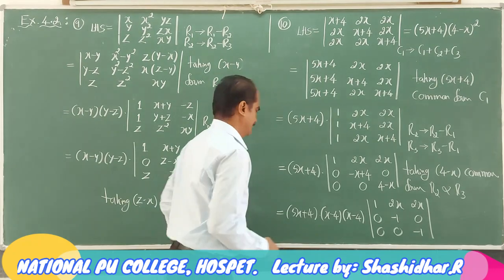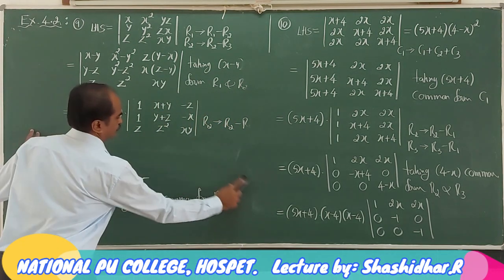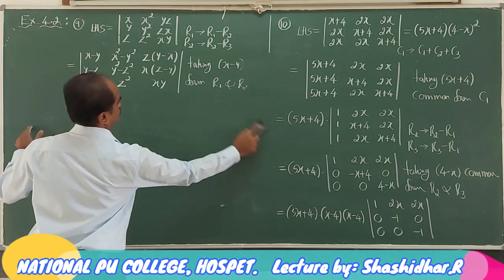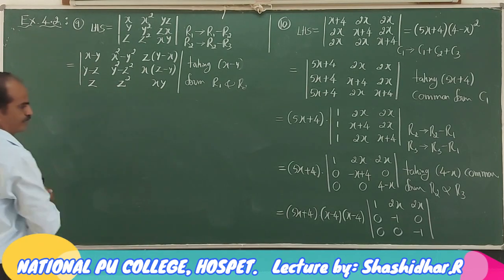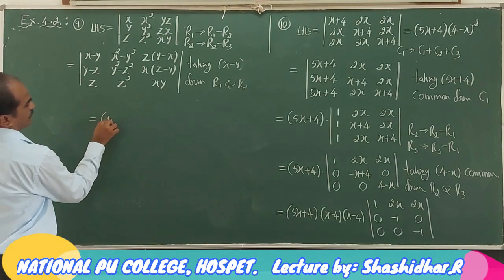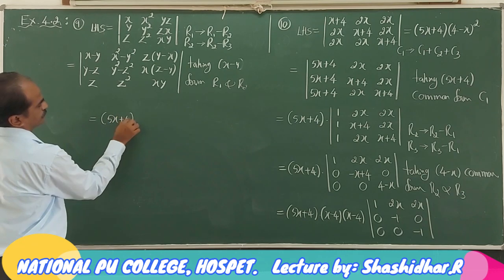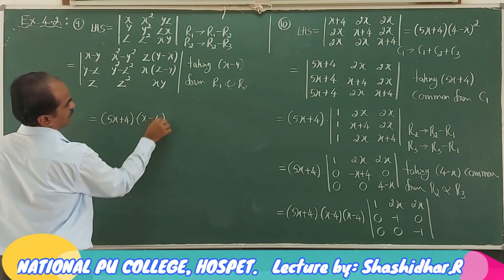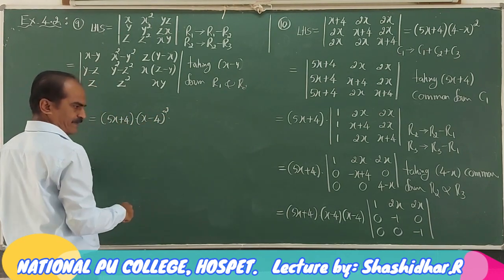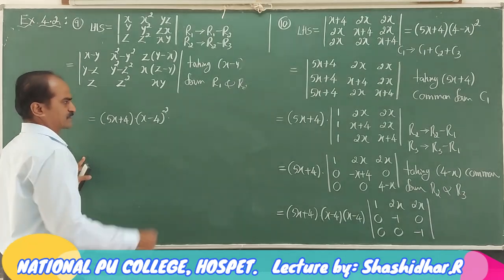So now in the next step, it is 5x plus 4 into x minus 4 whole square into the determinant, which you expand.